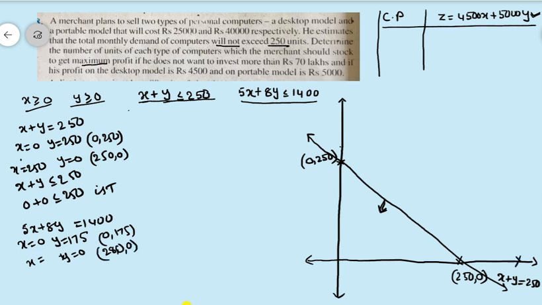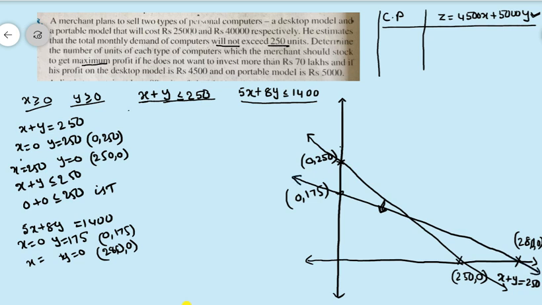You go somewhere here to the point 280 comma 0, and another point is 0 comma 175 somewhere here on the y axis. Now join these two points, and we will get a line passing through these two points.